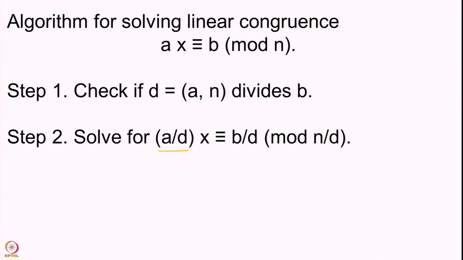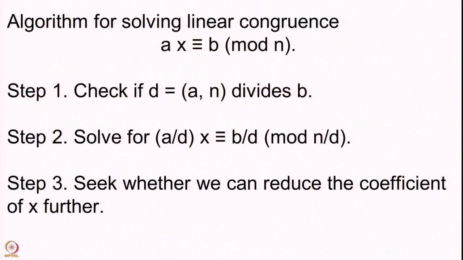So, here I have A by D, here we have B by D and here we have n by D. We cancel D from all these three numbers and obtain a congruence for which the coefficient of x is small.